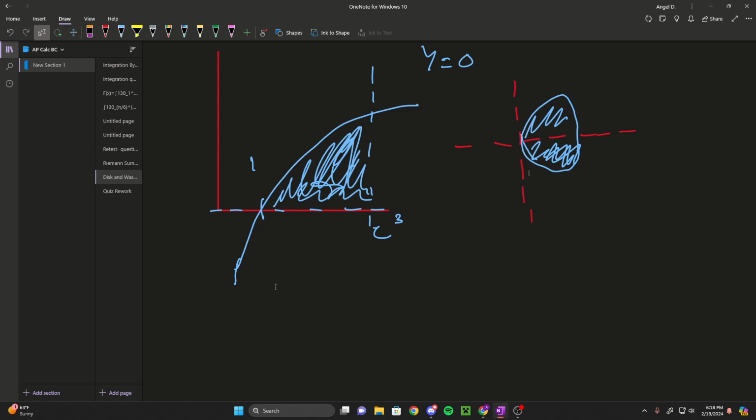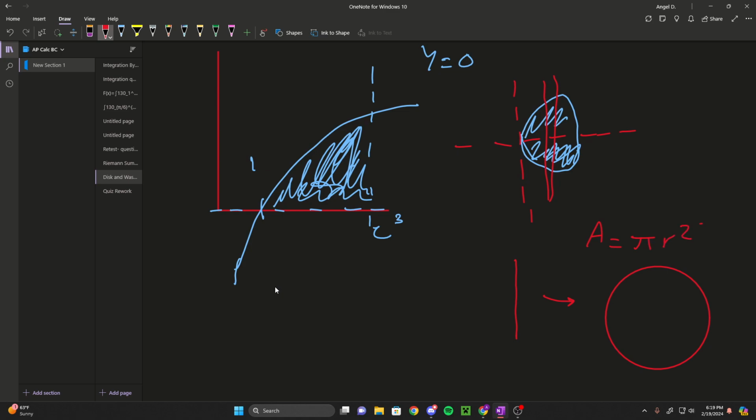Well, we can do the same, but instead of doing it with lines now, if we take an infinitesimally small piece of this graph, from a side profile, it's going to look like a line. But if we turn it over, we see that it takes on a whole other shape. It takes the shape of a circle. Now, I'll ask you this. Do we know the area of a circle? And yeah, the area of a circle is just pi r squared.